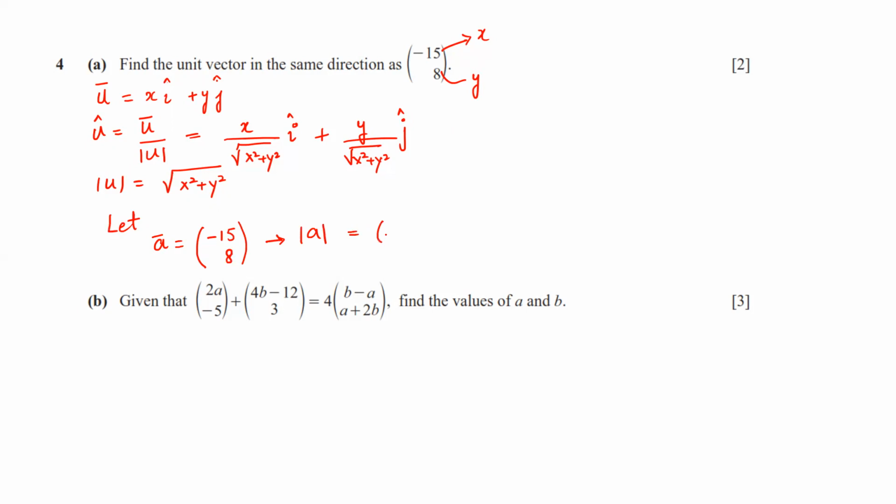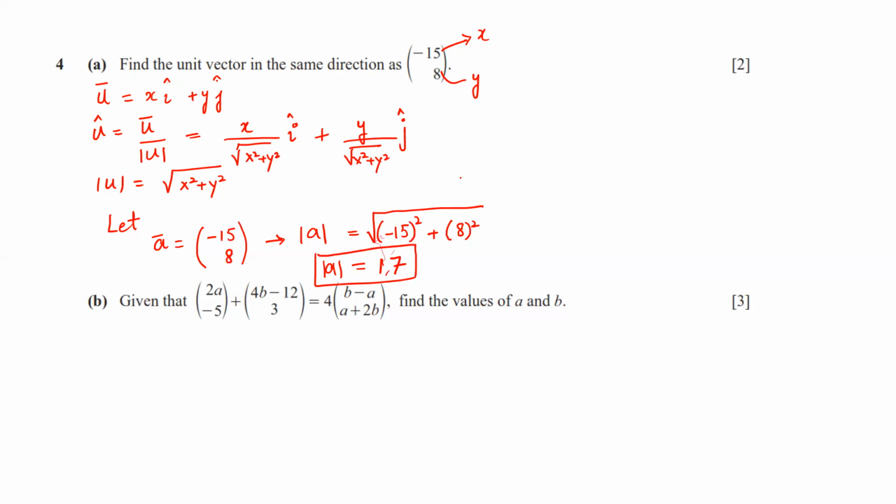The a magnitude will be the square root of minus 15 squared plus 8 squared. So the a magnitude will be equal to 17. So this is the magnitude.